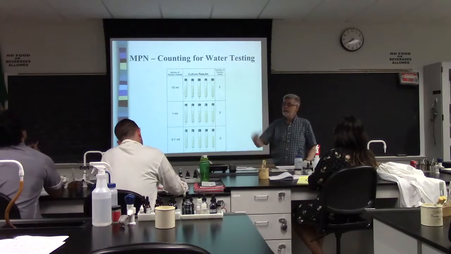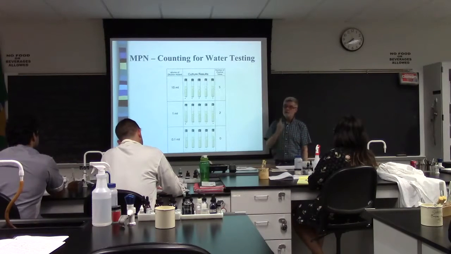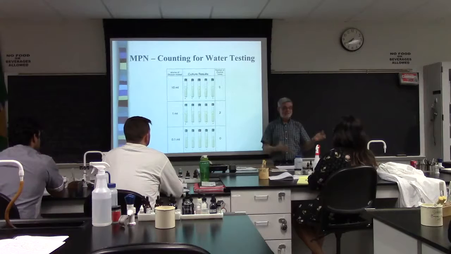And they run MPN on it to see how many E. coli. Because E. coli, do we worry about it because it's dangerous? No, it's an indicator that mammals have pooped there, and when mammals are sick, it's in their poop. So we can't look for the diseases in the water, but we can look for the byproduct of poop.